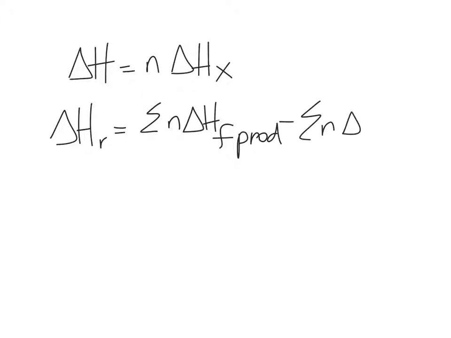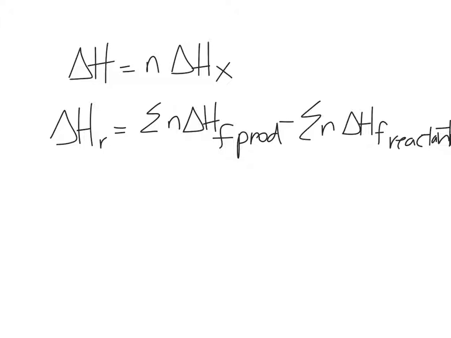Subtract the sum of n delta Hf for the reactants. I'm missing a moles. So we take the enthalpy change for the products and we subtract from it the enthalpy change for the reactants. And we figure out then the enthalpy change for the whole reaction.